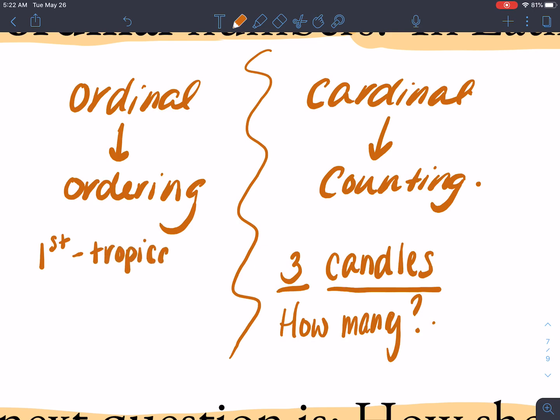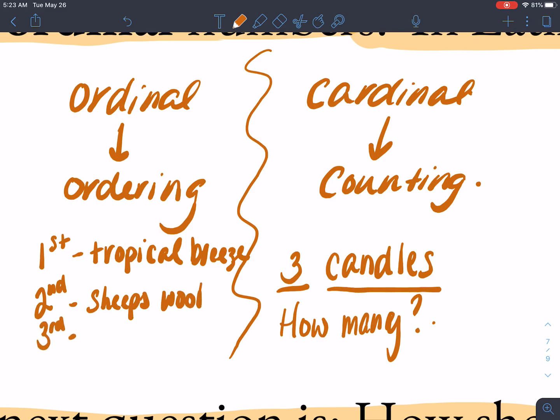I don't know. The second candle is the sheep's wool candle. That doesn't exist, but whatever. Okay, and the third candle was the flower thing, smelly, whatever. Okay, all right.